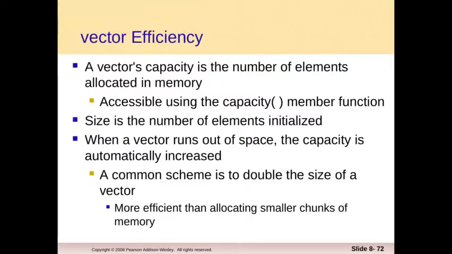So there are now two different concepts that we have to distinguish, because a vector has memory that was allocated to that vector, and a vector has elements that are actually stored within that memory. I'm on slide 72.